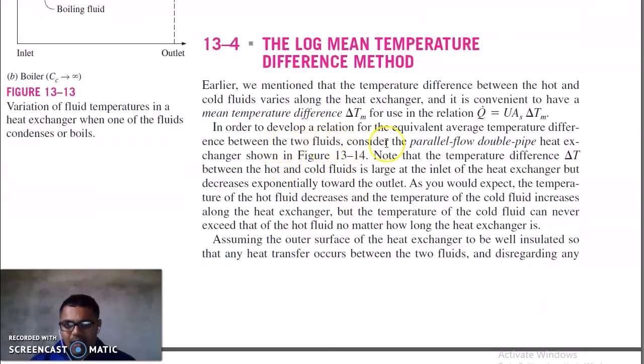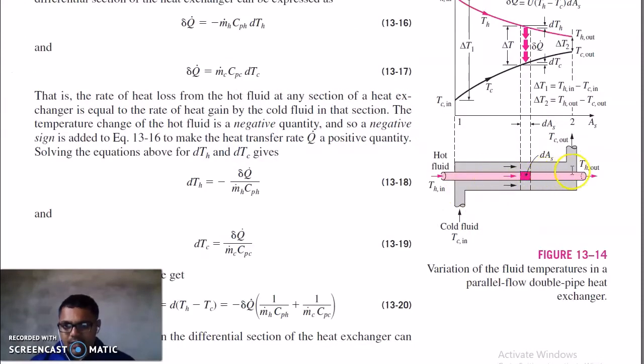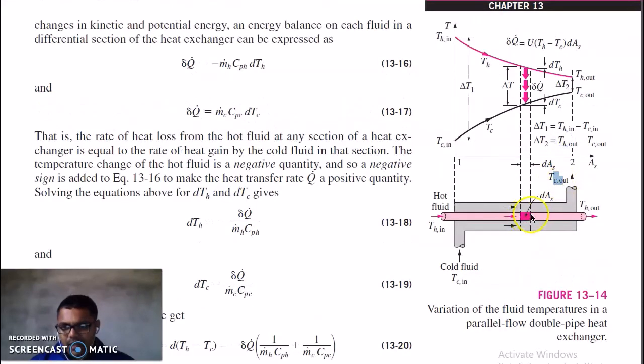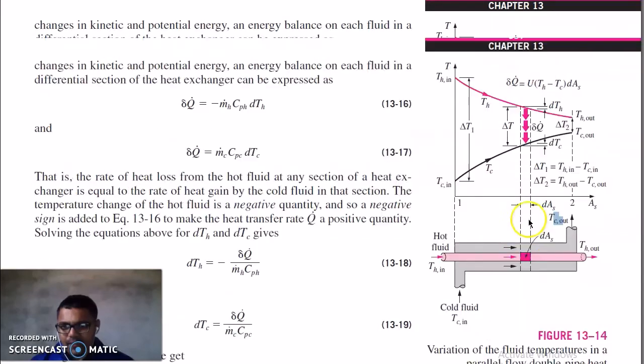In order to develop a relation for the equivalent average temperature difference between the two fluids, consider a parallel flow double pipe heat exchanger as shown in the figure. So this is a parallel flow heat exchanger. This is the hot fluid inlet temperature, this is T_H out, this is T_C in, the cold fluid, and this is T_C out, the cold fluid out. Take a small element with surface area dA_s, this element.